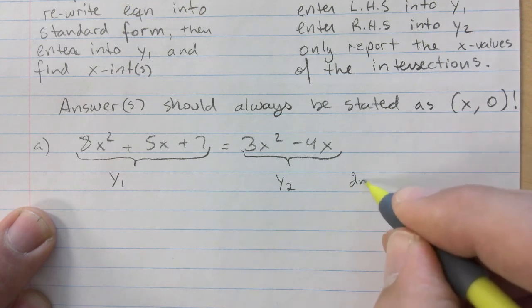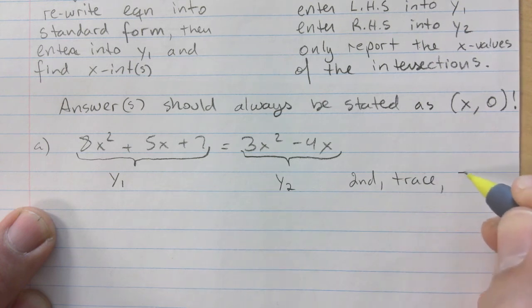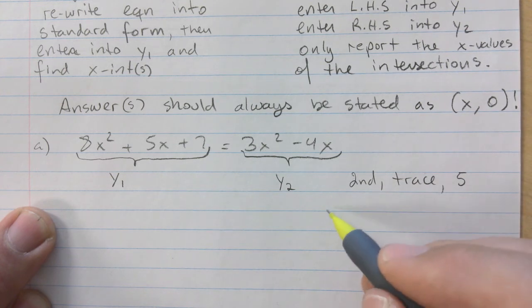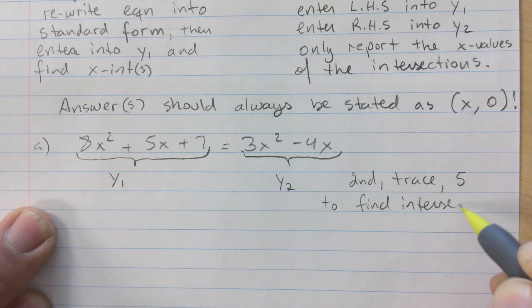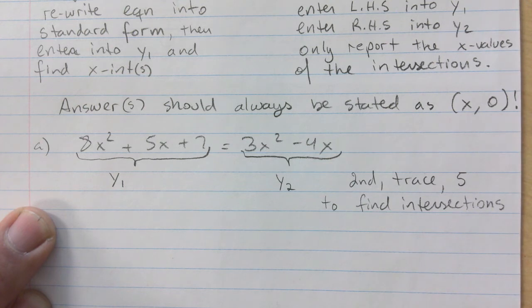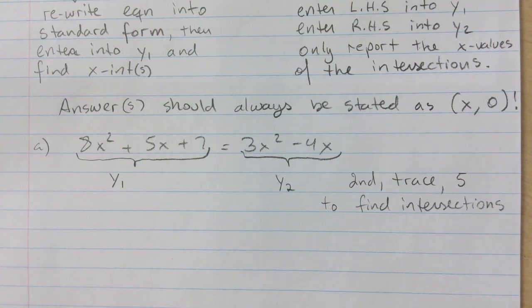Then we're going to go second, trace 5, and find intersections. Okay. So grab your calculator.